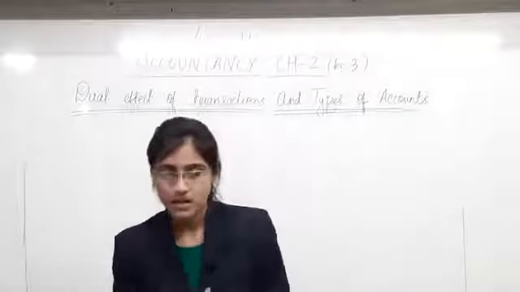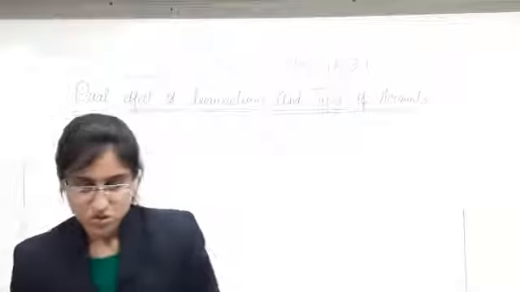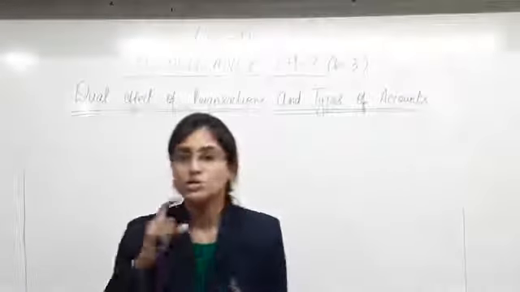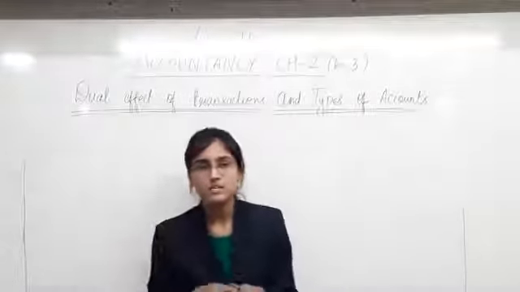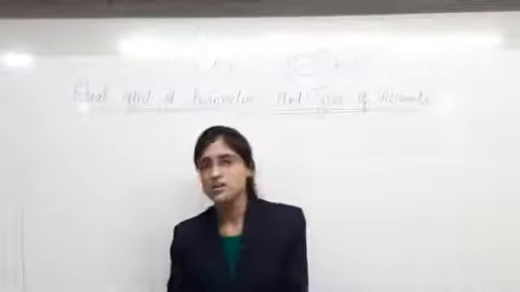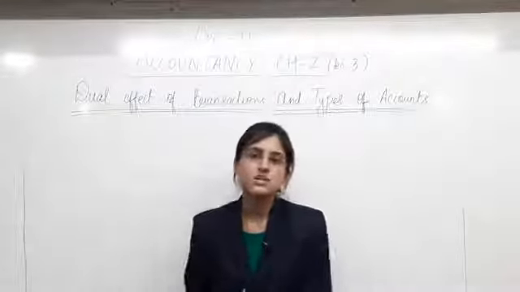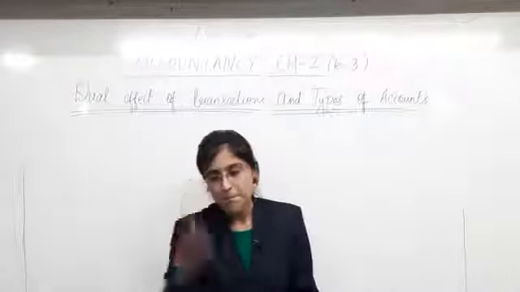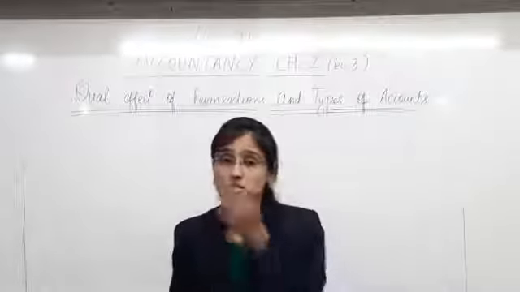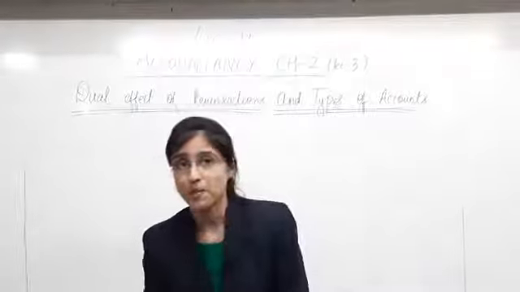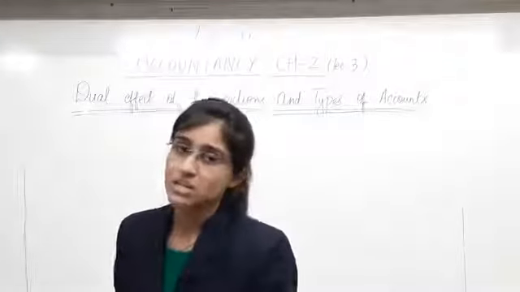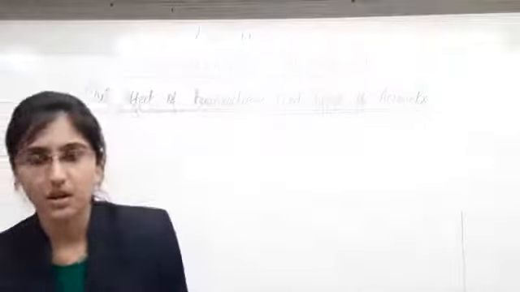The reason says that cash increases. How? You have sold goods. If you are selling goods, you are receiving something in return, and what is that something? Always money. Money is the common medium of exchange, which we understood in chapter 1. So cash increases by rupees 500.